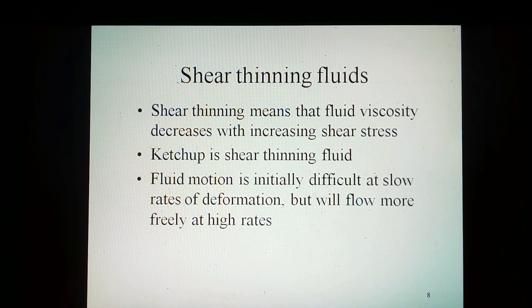Ketchup is a shear-thinning fluid. Shear-thinning means that the fluid viscosity decreases with increasing shear stress. In other words, fluid motion is initially difficult at slow rates of deformation, but will flow more freely at high rates. Biological fluids such as blood, saliva, semen, and synovial fluid, slurries such as cement slurry, emulsions such as mayonnaise, and some kinds of dispersions.